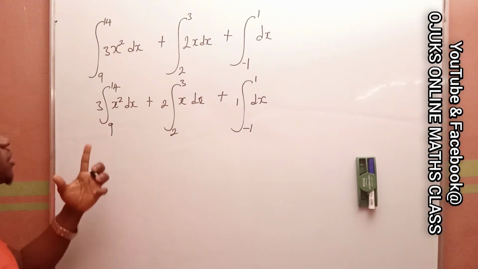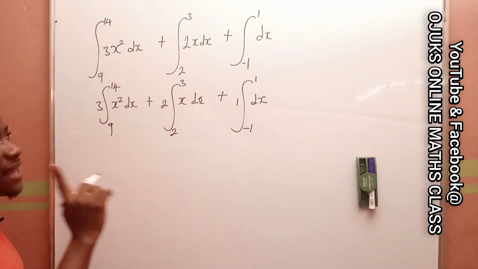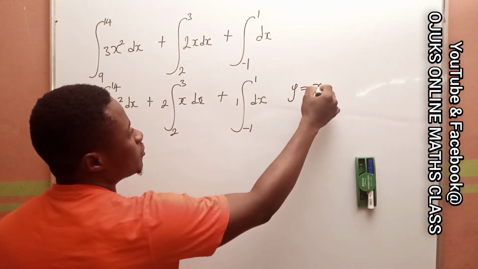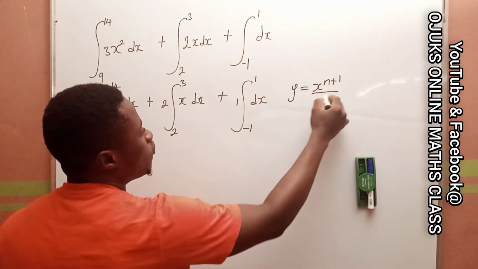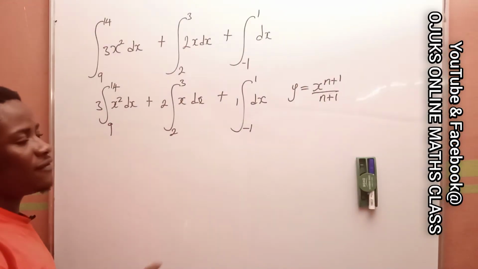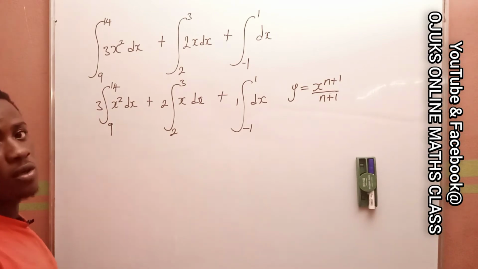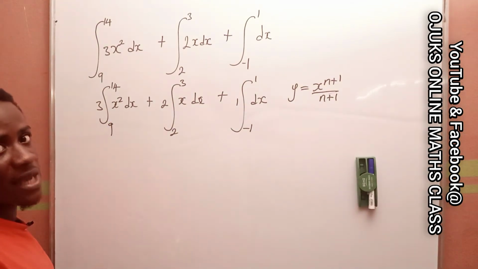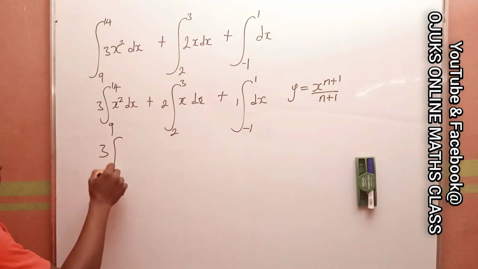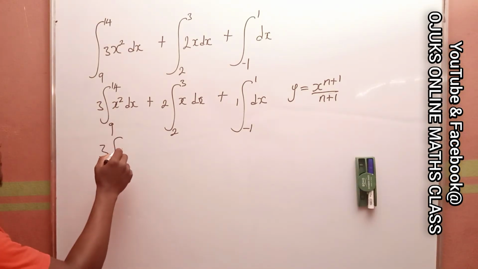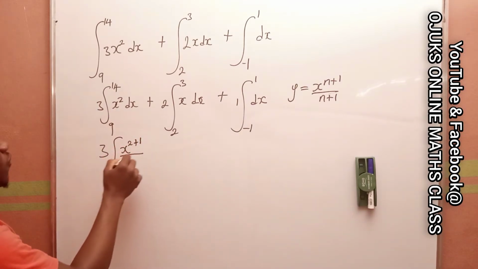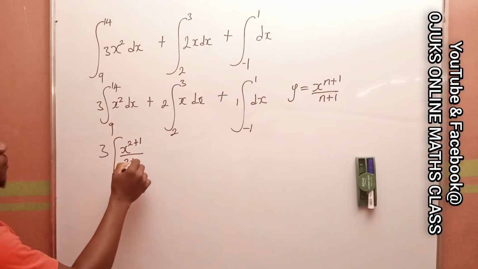When we decide to integrate, remember that the general formula for integration is that y equals x raised to power n plus 1 over n plus 1. Just add 1 to the power, then divide by the new power. We all know this. When we apply this same concept here, we'll have 3 in bracket, x raised to power 2 plus 1 over 2 plus 1.